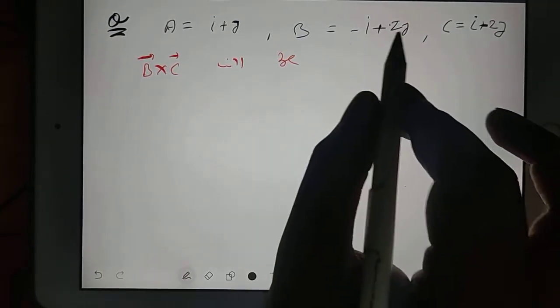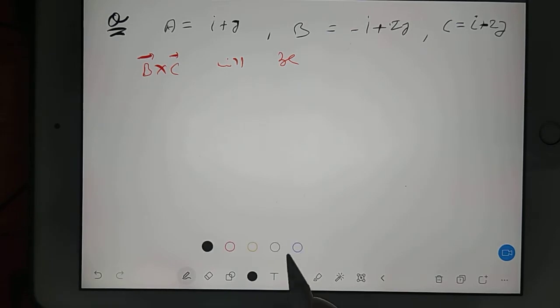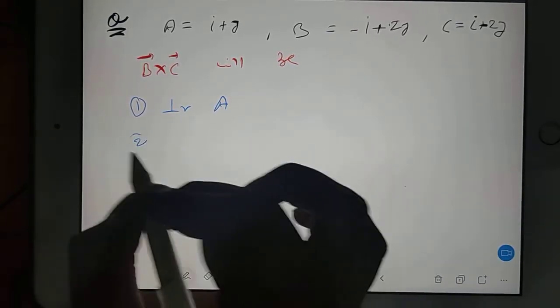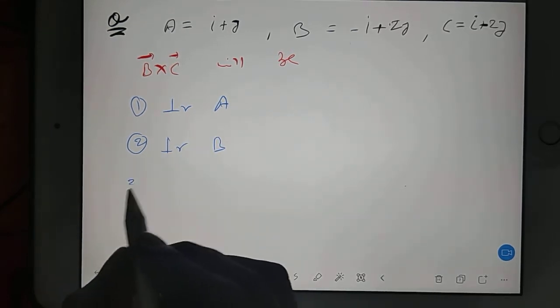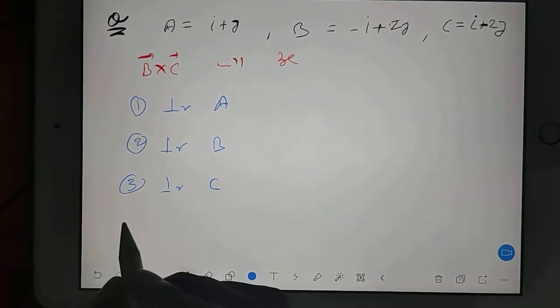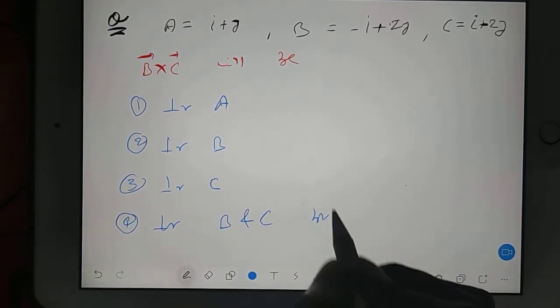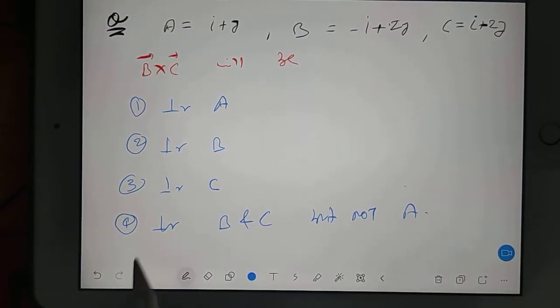I'm giving you 4 options. Option 1, perpendicular to A. Option 2, perpendicular to B. Option 3, perpendicular to C. Option 4, perpendicular to B and C but not A.